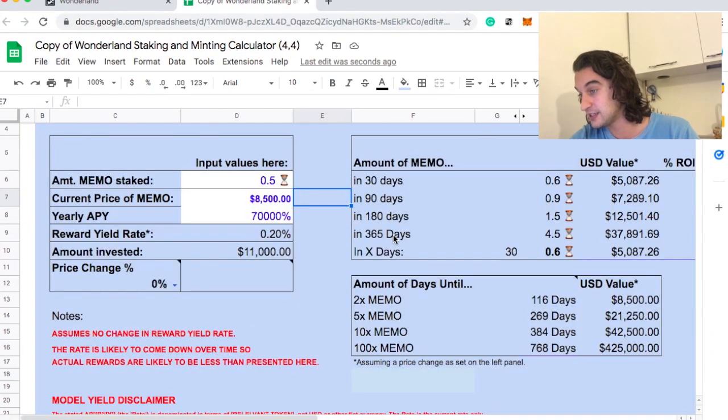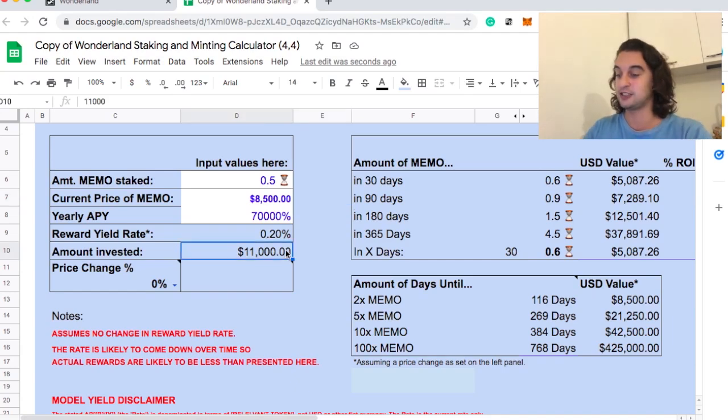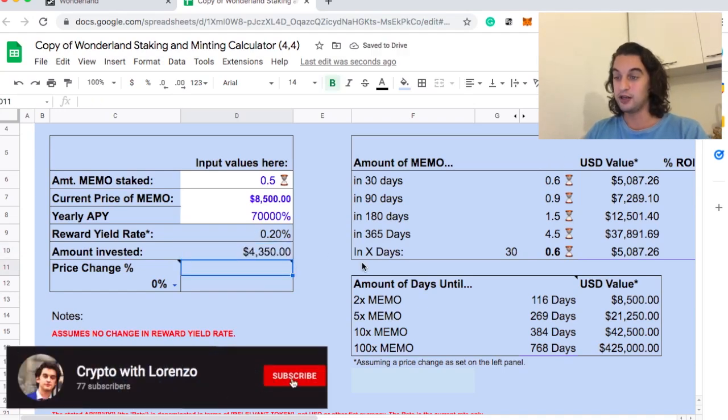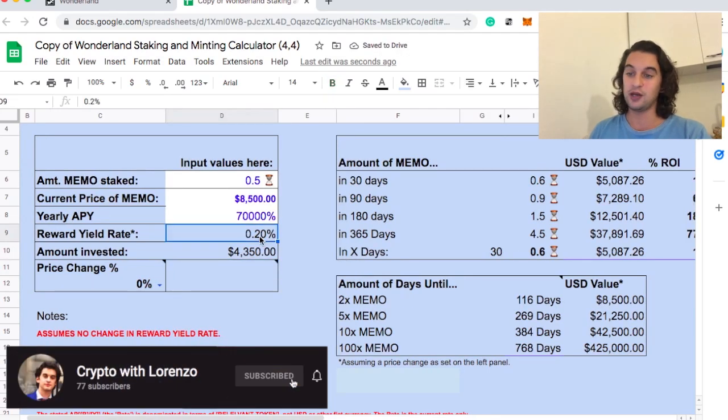If the amount invested is 4,000, half of 8,500 is 4,250. If we decide to invest this much in 1 year, this is with the APY, we get 40 grand.